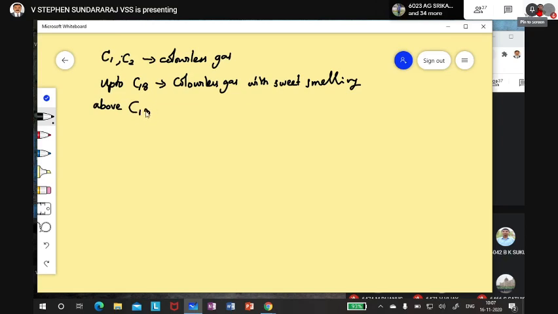Above carbon 18, they are colorless solids. This is just for information, otherwise nobody will be asking whether it is a solid, liquid or gas.